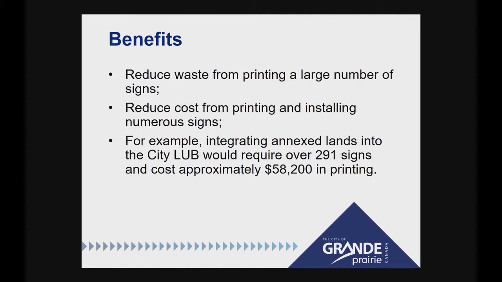So the benefit is to reduce significant waste in the printing of a large number of signs. It also reduces the cost. For example, if we were to do a rezoning to incorporate the annexed lands into the city's LUB, it would cost almost $60,000 in printing alone. So this could be a significant savings and improvement to our processes.